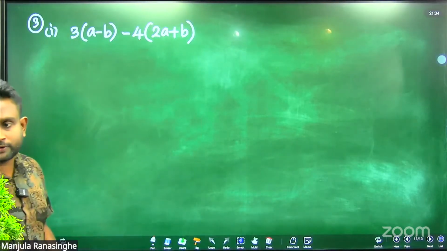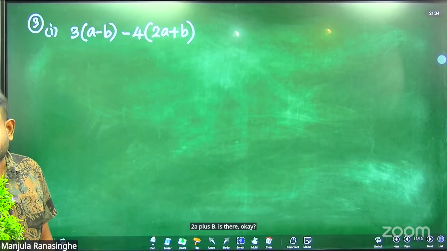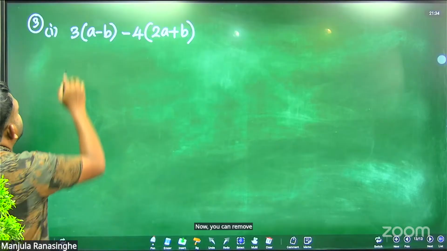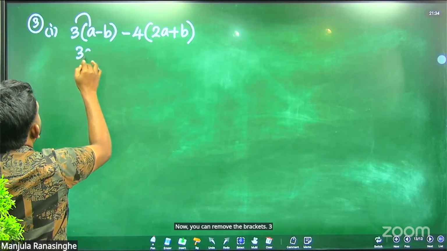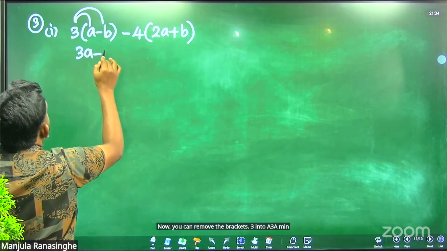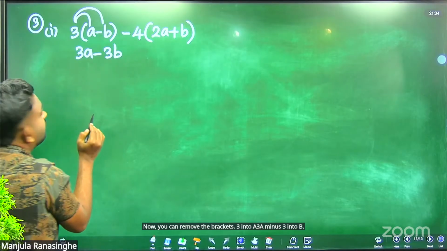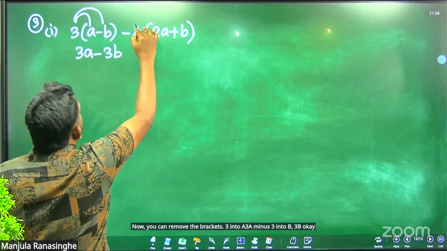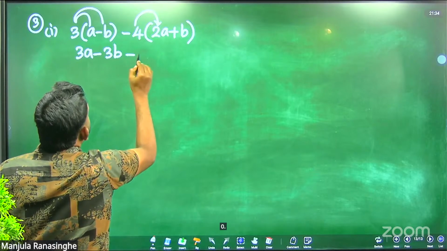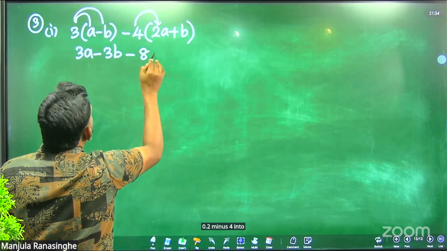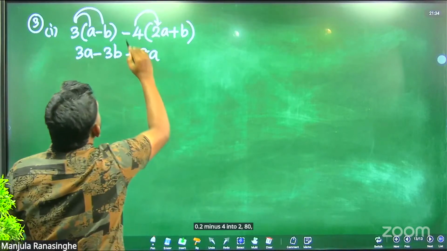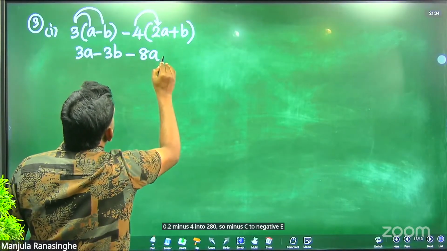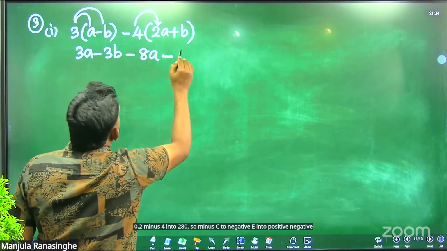Now you can remove the brackets. 3 into a, 3a, minus 3 into b, 3b. Then 4 into 2, 8a. Minus into negative into positive, negative 4 into b, 4b.